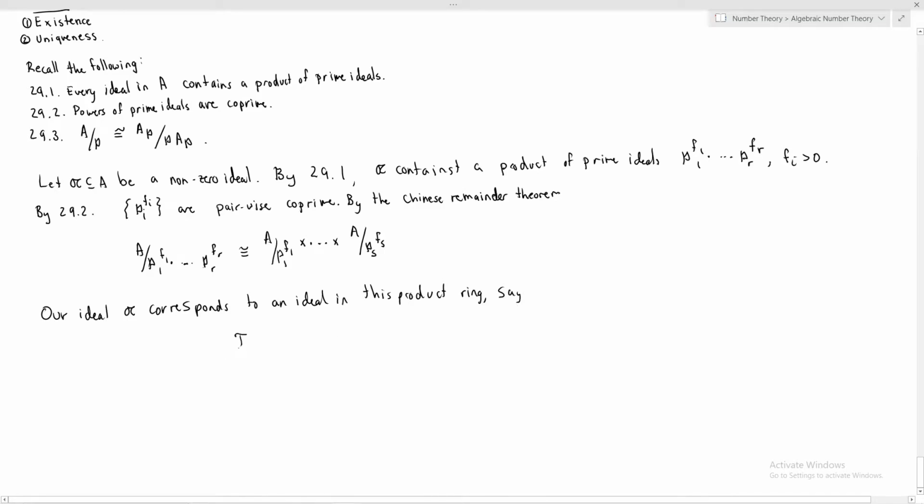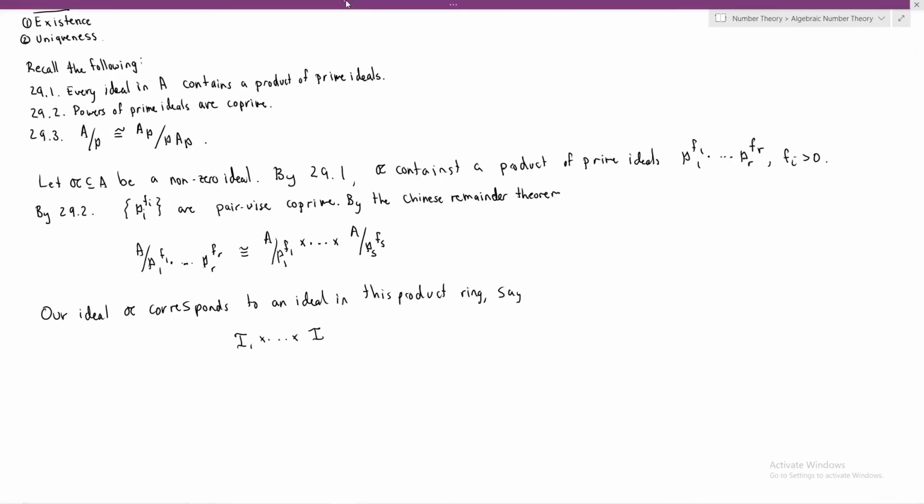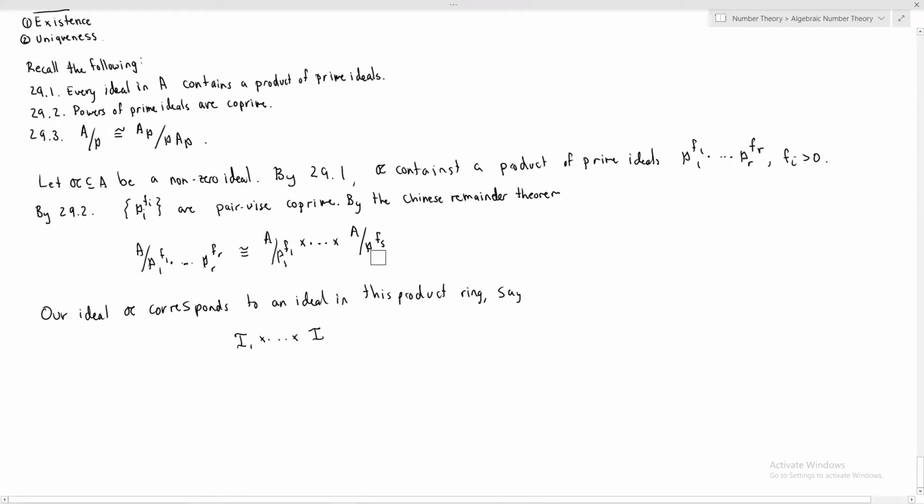Let's say I1 cross through IR. This should be an R, there should be no S's. Each Ij is an ideal in the j-th factor.